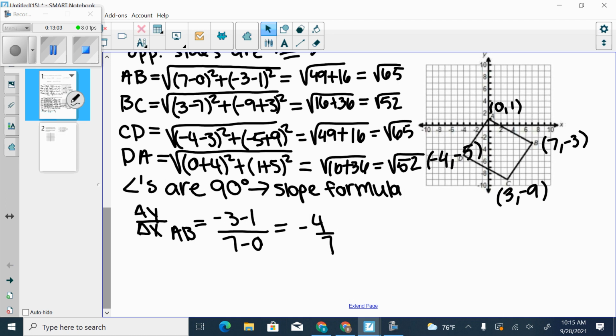Okay? Alright, now I'm going to do the same thing. So this side was AB, then that means side BC should be the opposite if they're going to meet at a 90-degree angle, right? So now we're going to check the change in y over change in x for side BC. Okay, so our y2 minus y1 would be what for that?